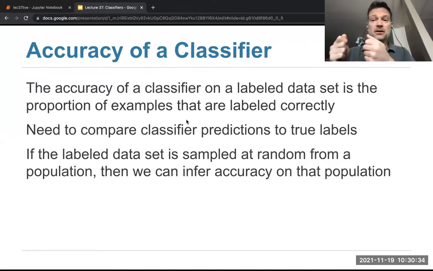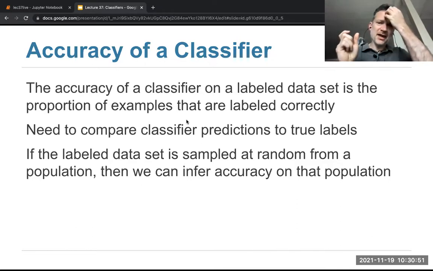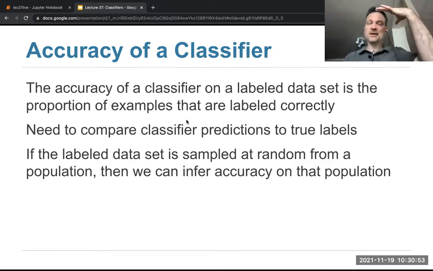If the patients in the test set are sampled at random from the entire population of patients, then we know by the properties of a random sample that the proportion that's correct on the test set is a good estimate of the proportion on the entire population where it's accurate.